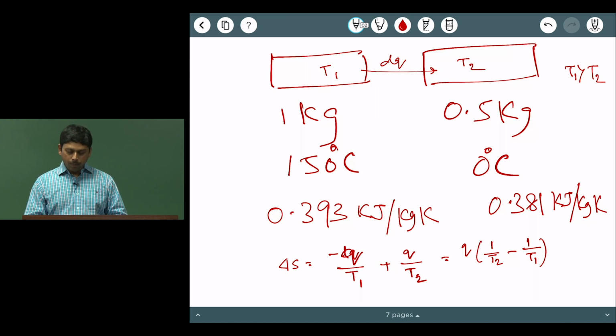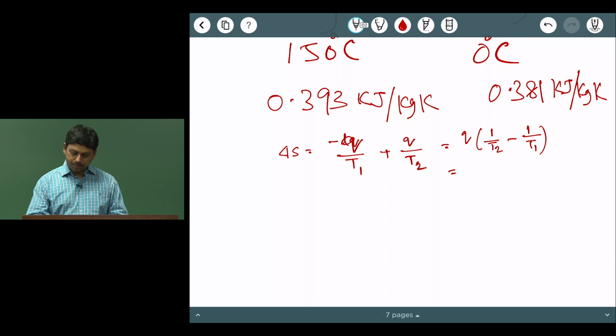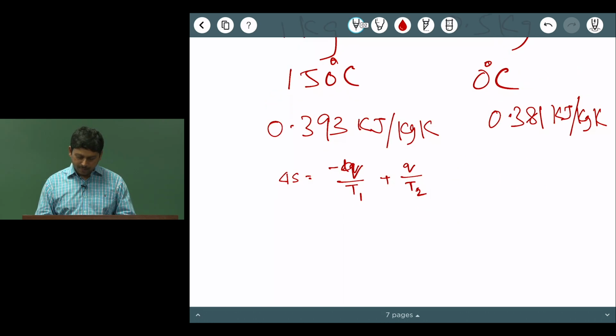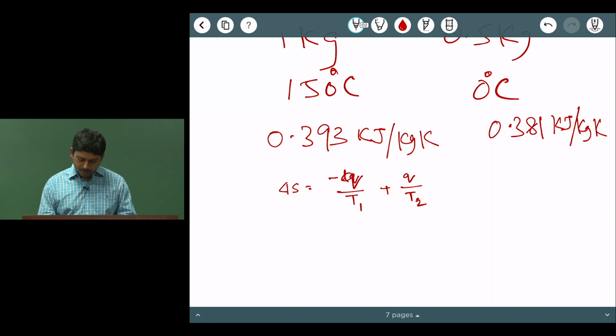So, we have to calculate the q, and we know that q is nothing but Cp dT. Of course, here we cannot take q to be the same for both the processes. So, let us use this particular formula and do the calculation. In order to calculate the final temperature, let us say the final temperature is equal to Tf.